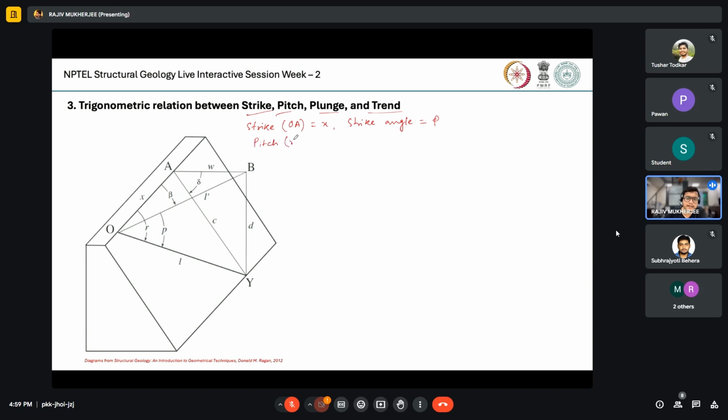So pitch is basically the R, angle between OA and OB. Here OB is the trend and angle is theta. And finally we have plunge P, which is angle BOY.